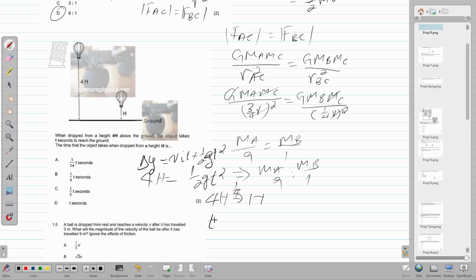Then that means the time will also be reduced by a quarter, but to the power 2, since it is directly proportional to the square of t. So the time is going to be reduced by 1 over 16 t. So the correct answer there is A.